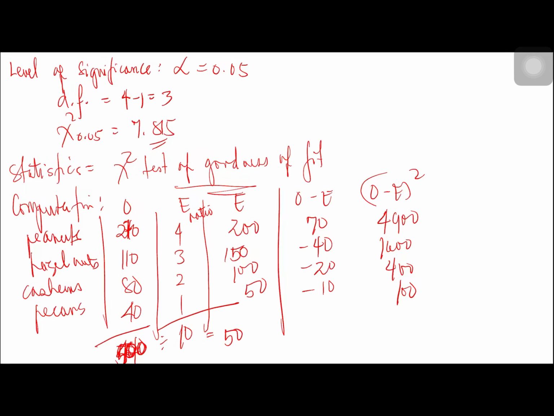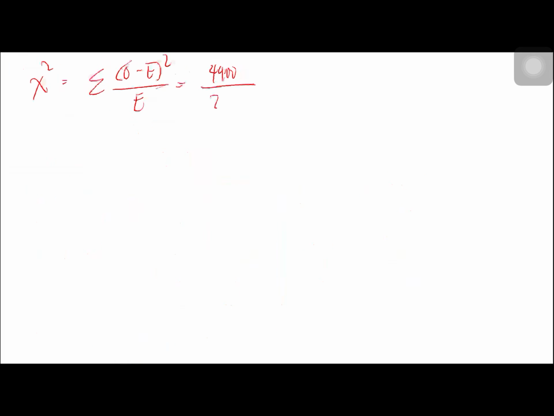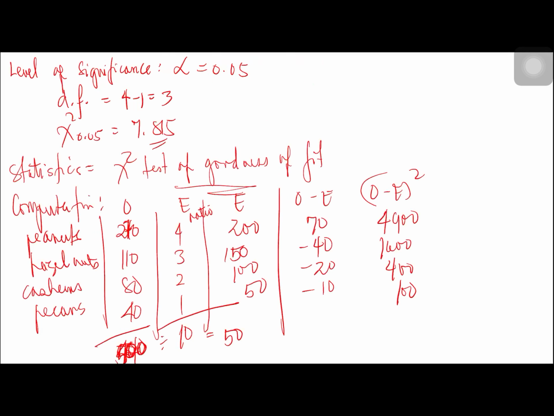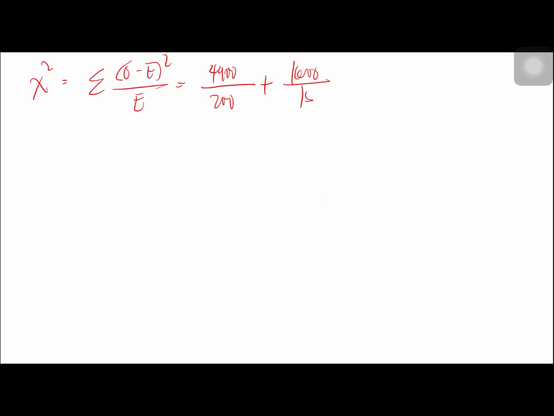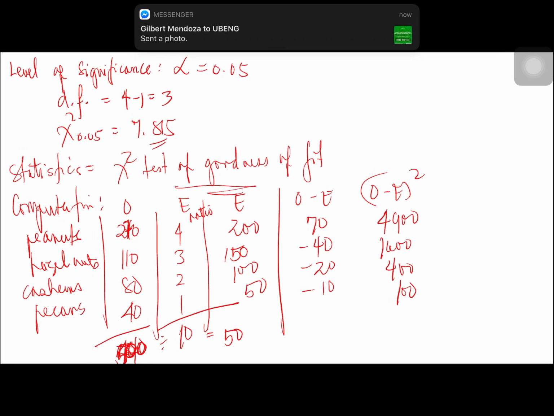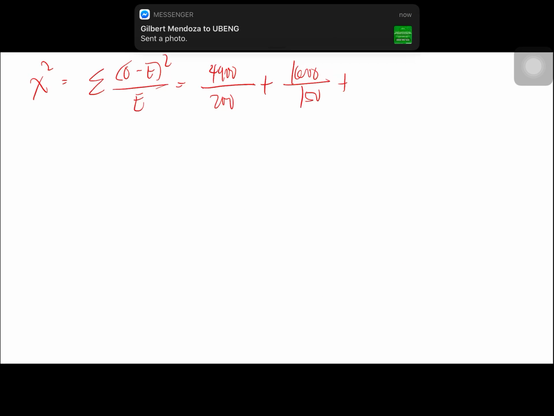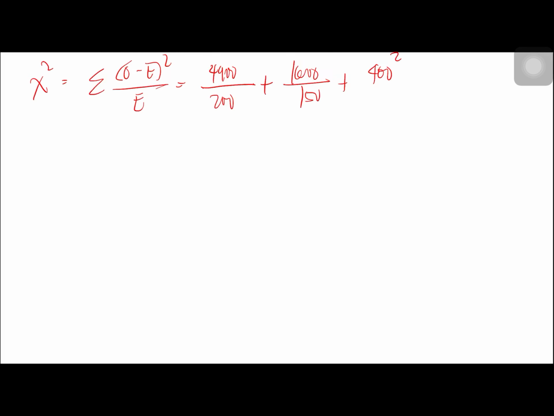So, using the formula, chi-square is equal to the summation of the observed minus expected squared divided by expected. We have 4,900 divided by our expected, which is 200, plus next we have 1,600 divided by 150, plus we have 400, okay?